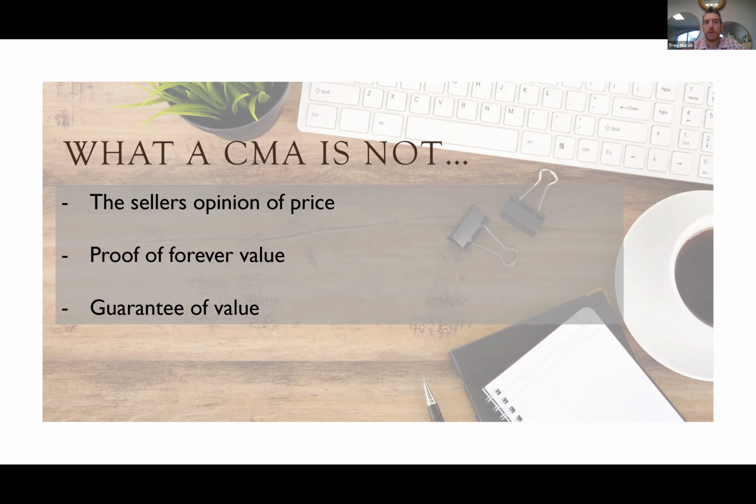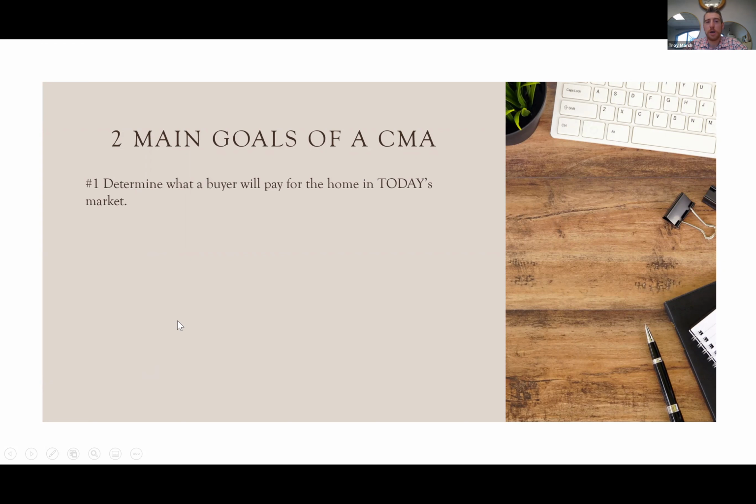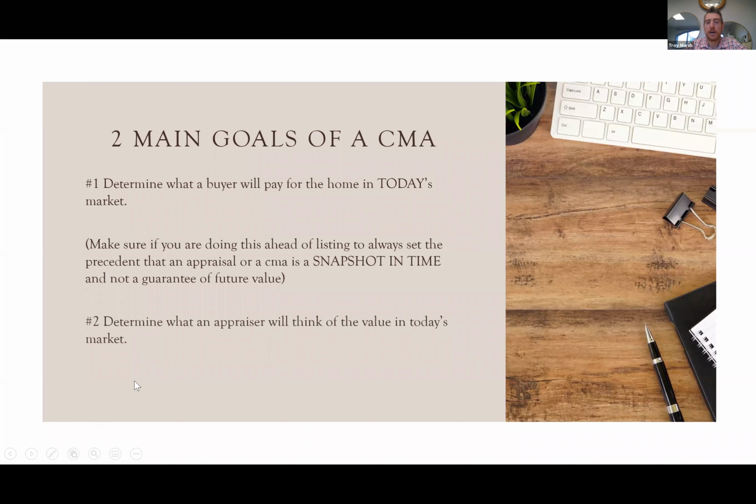In my opinion, the main goals of a market analysis are two things. Number one, you want to determine what a buyer will pay for the home in today's market, again hammering the point about it being a snapshot in time. And number two, determine what an appraisal will think the value is in today's market. This is very, very important.